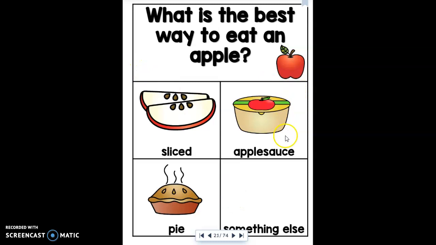What is the best way to eat an apple? And they offer 3 choices, or you could come up with something entirely different. Sliced, applesauce, pie. Maybe you like apple bread the best. You have the option of choosing something different. And if you choose something different, you'll just need to draw a picture in this box, and that will be your thing. Okay.